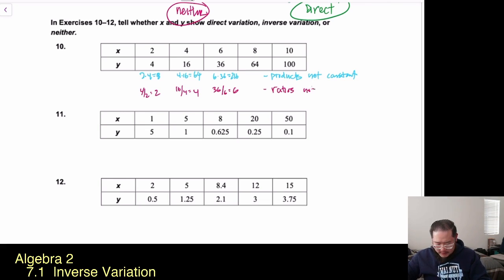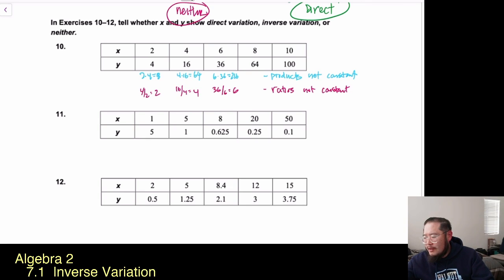So what that tells me is that we're not dealing with direct or inverse variation right here. So what are we dealing with? Well, I go from 2 to 4, 4 to 16, 6 to 36, 8 to 64, and 10 to 1000.